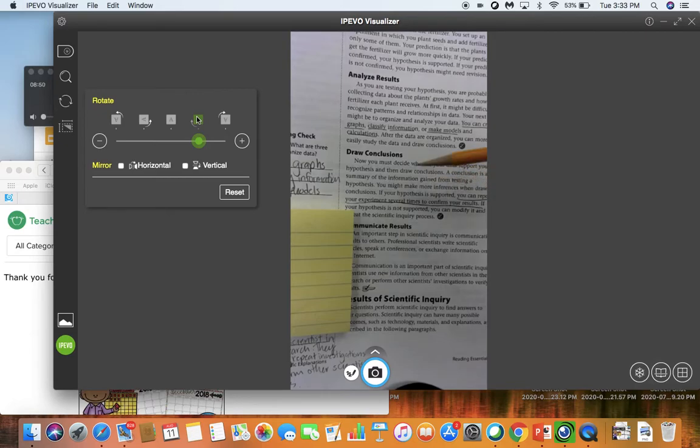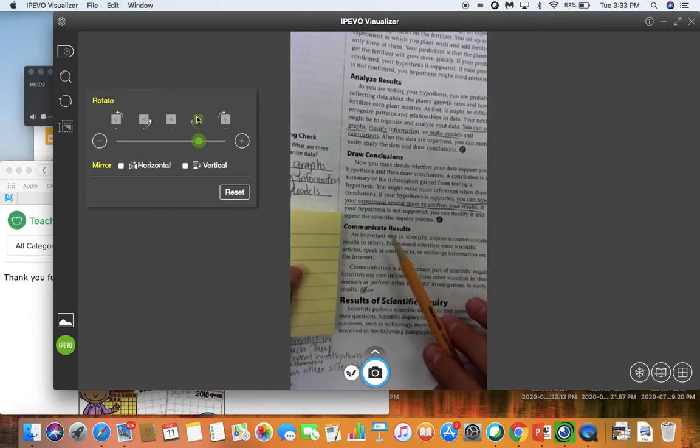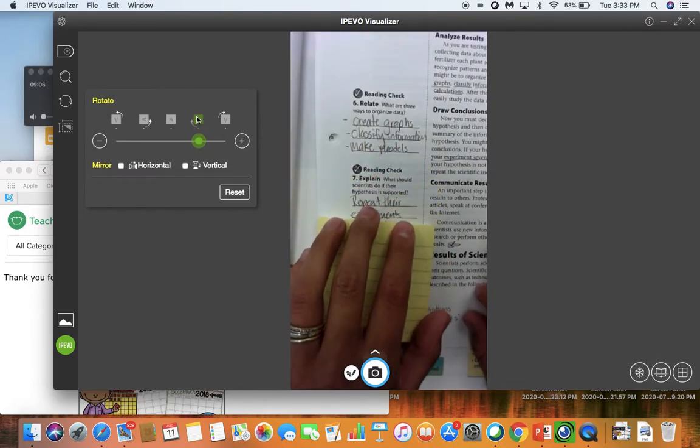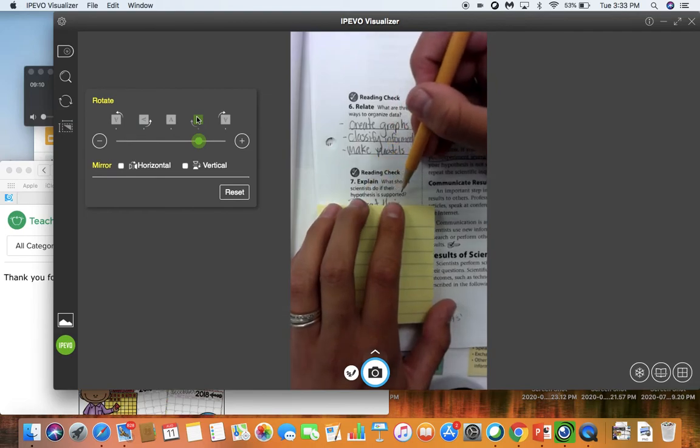If your hypothesis is supported, you can repeat your experiment several times to confirm your results. Okay, it says if your hypothesis is not supported, you can modify it and then repeat the scientific inquiry process. So, what should scientists do if their hypothesis is supported? Repeat it several times, okay, to confirm your results.